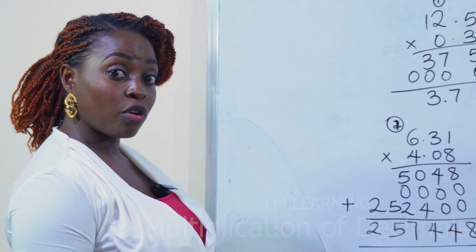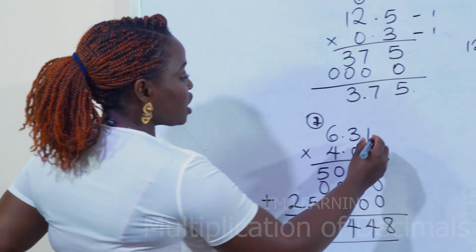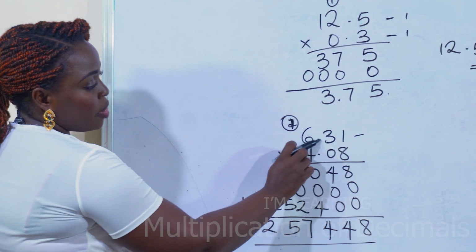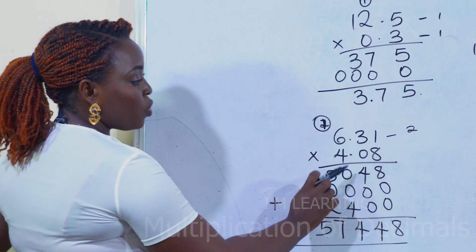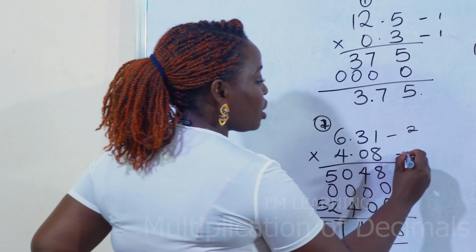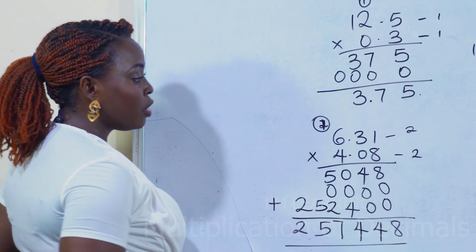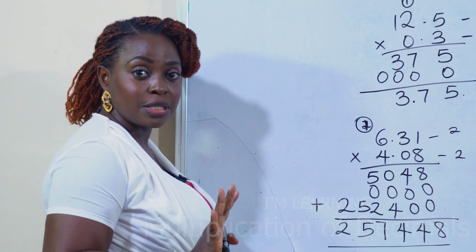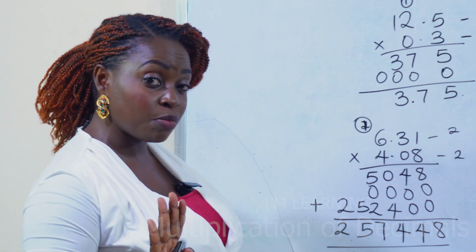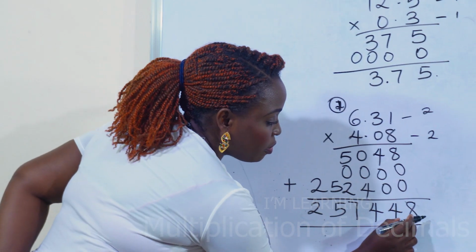What did I forget? Yep, that's right. I forgot my decimal places. Now in 6.31, I have two numbers after my decimal point, meaning I have two decimal places. In 4.08, I have two numbers after my decimal point, meaning I have another two decimal places here. So altogether in my entire question, I have 4 decimal places. I must indicate those 4 decimal places in my answer, starting from here.